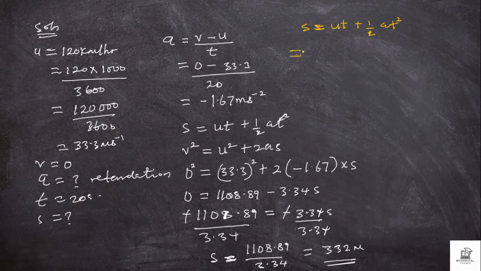So this will be equal to our initial velocity 33.3 multiplied by time, which is 20, plus half multiplied by a, which is minus 1.67, then all multiplied by time, which is 20, all squared.